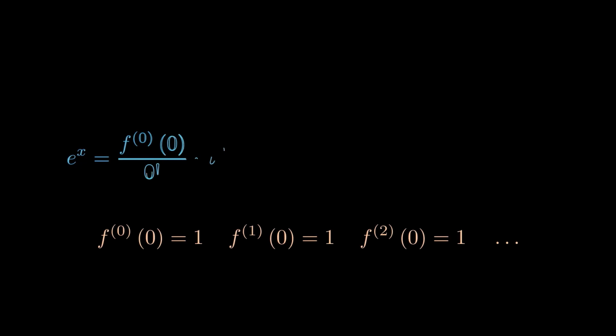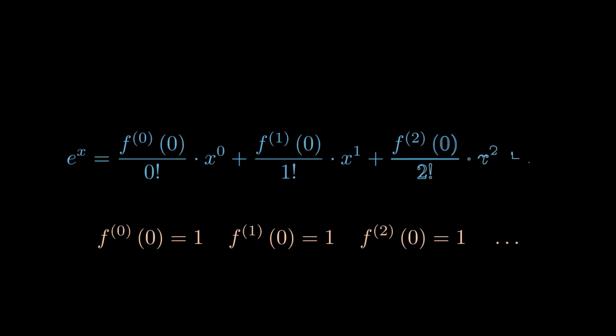So here it is for e to the power of x. So now you begin to realize that we have found each of these derivatives evaluated at x equal to 0. Since we have them, why not substitute them?